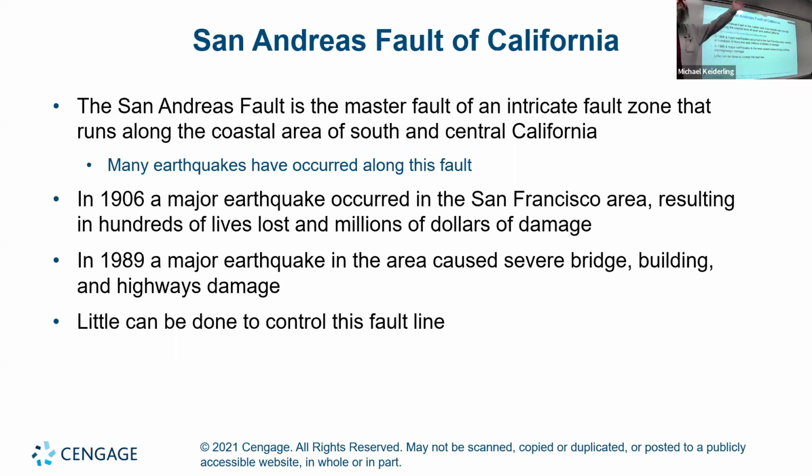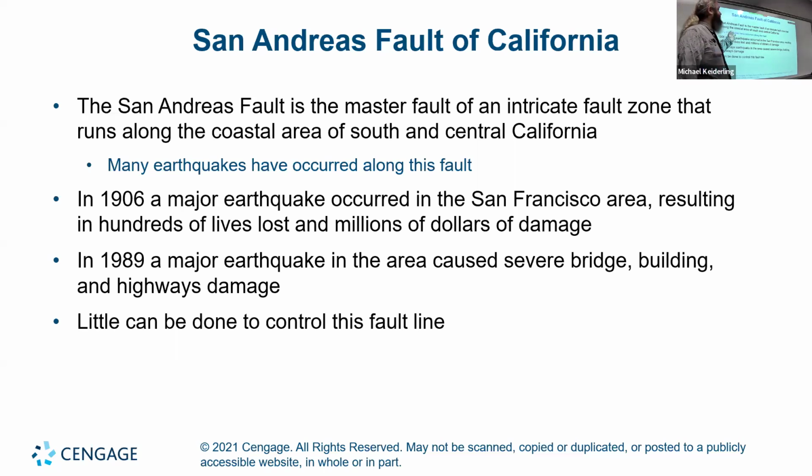That fault system hits land in southern Oregon and exits in Mexico. The split, the Gulf of California, is the strip of ocean between Baja California and the rest of Mexico.